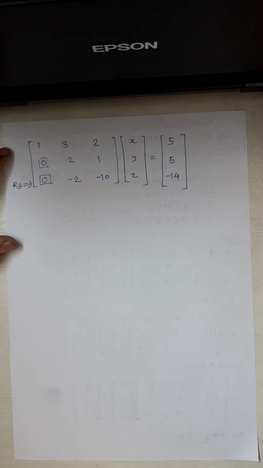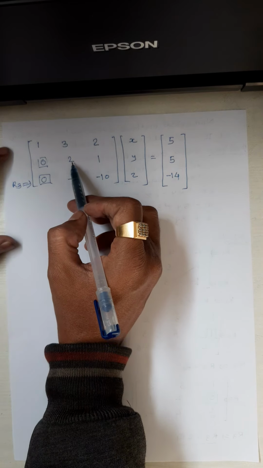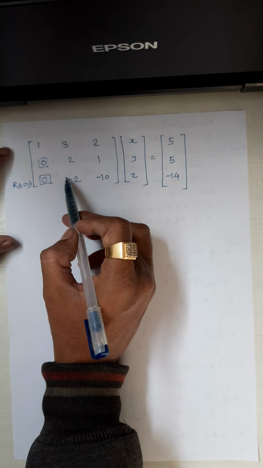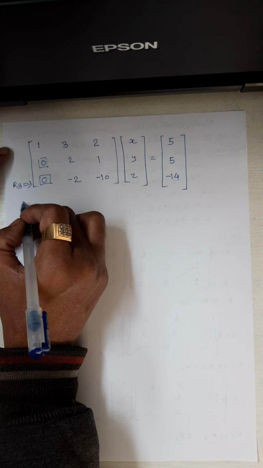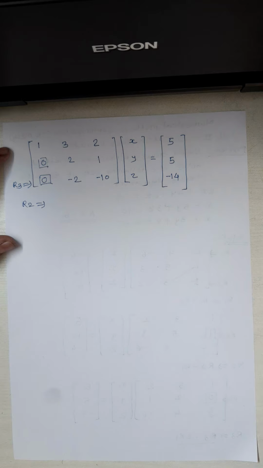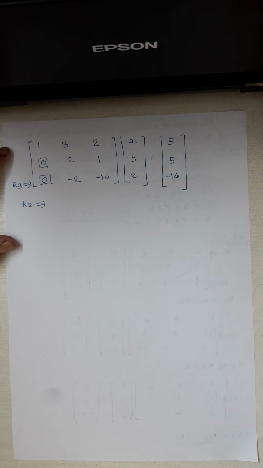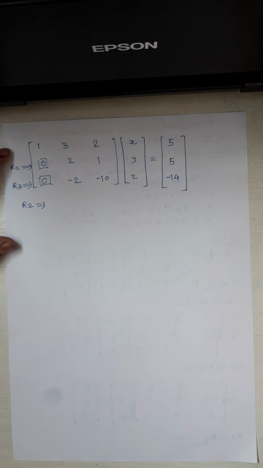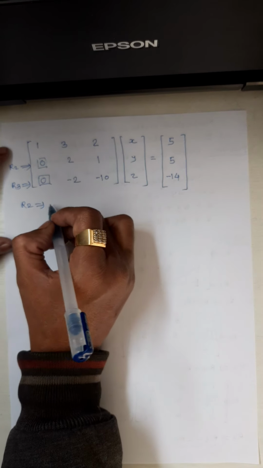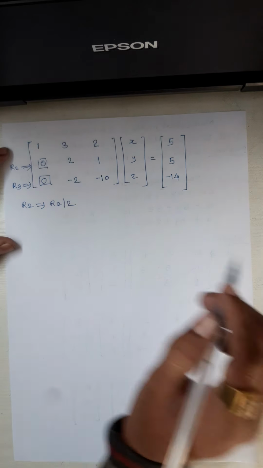So here we convert these 2 elements below the diagonal element, that is for row 1, 0 0. Then students, the next step is you have to convert first of all this 2 into 1 and make this minus 2 element a 0, so that we get an upper triangular matrix. So how to convert this 2 into 1? By performing which operation? Perform the operation on row number 2: perform R2 divided by 2.